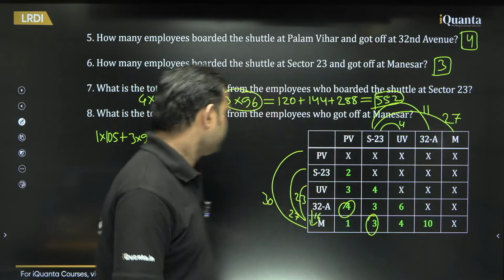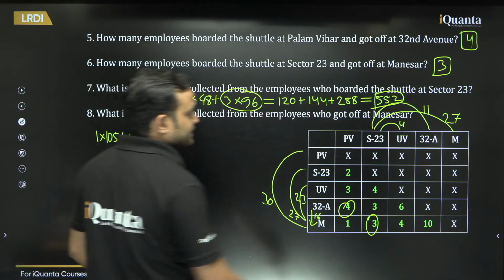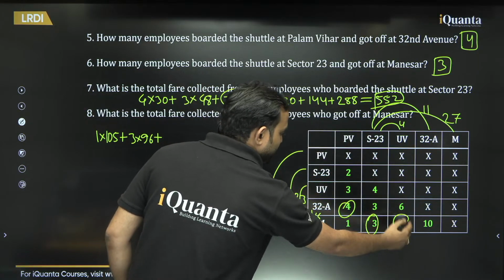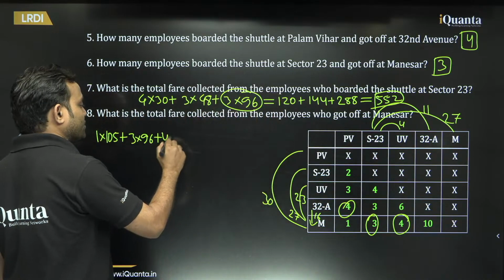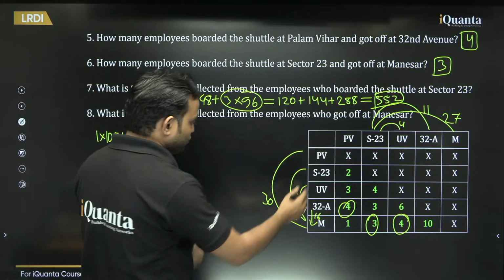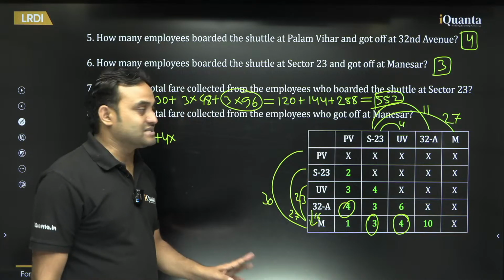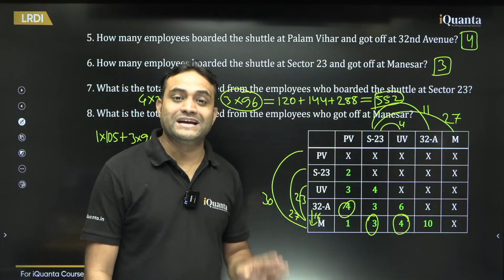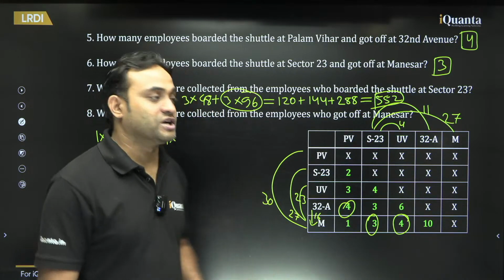So 96. Then in case of Udyog Vihar, 4 employees got down. So 4 into, the distance from Udyog Vihar to Manesar is 23. So it will be 23 minus 5, 18 into 3, 54 plus 30, 84.